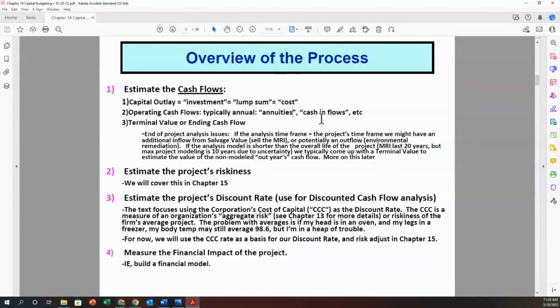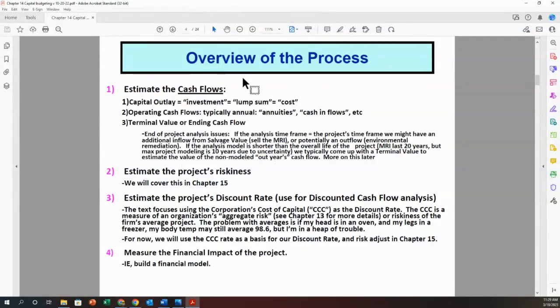Practically speaking, most of you aren't going to be getting involved in these esoteric discussions about valuing terminal value cash flow. But I just want you to know that it's another aspect that is considered.